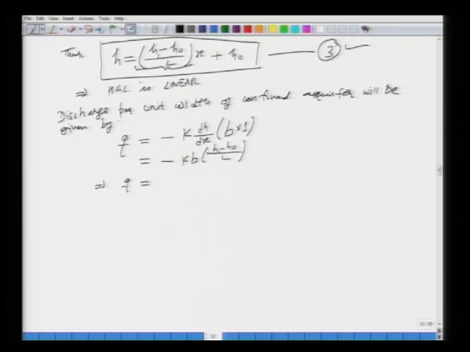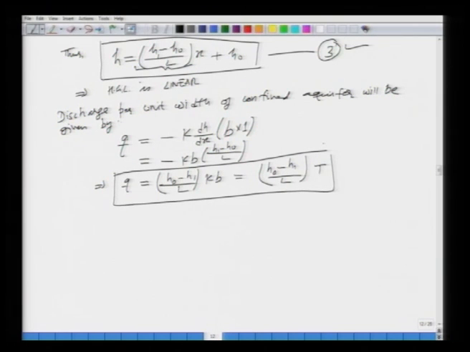The final expression is H0 minus H1 over L times Kb, or you can say H0 minus H1 over L times T, where T is your transmissivity. The units will be meter cubed per second per meter width of your aquifer, and let us number this equation as 4.